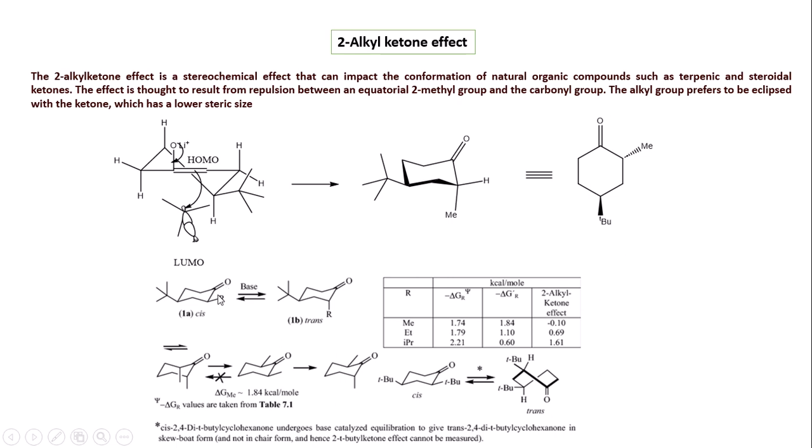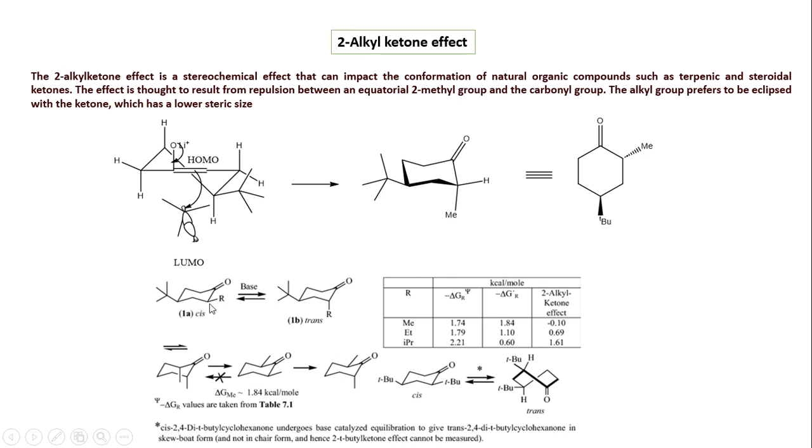So there is a steric interaction between the oxygen and the R group, and in the presence of base it is easily converted, with the alkyl group moving from the equatorial to the axial position. This is an unusual phenomenon compared to regular observation.